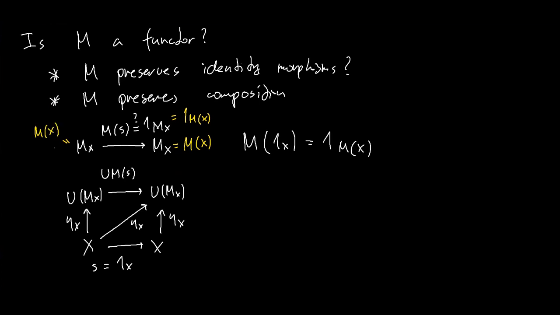And I want to figure out now that this unique morphism here that exists, which is unique with the property that this triangle commutes, and notice that in this triangle I've got the same morphism here and there. I want to show that that morphism must actually be the identity of MX. Any ideas how to do that?